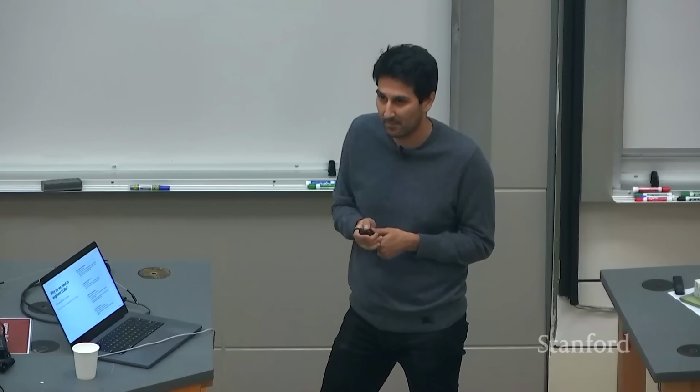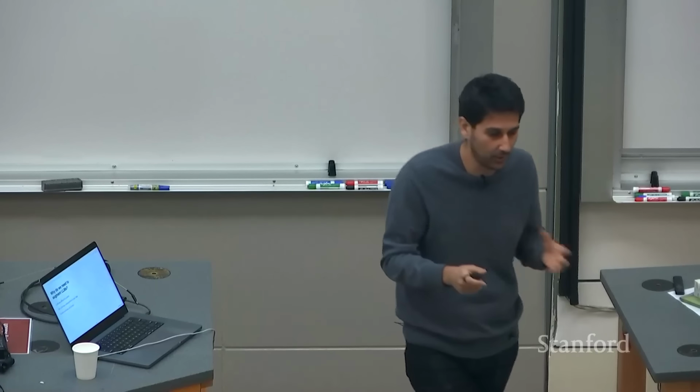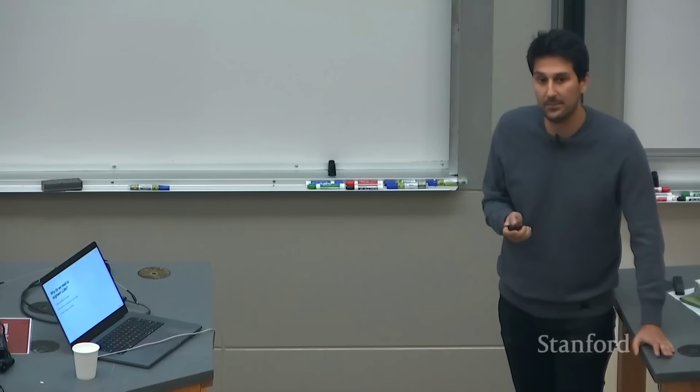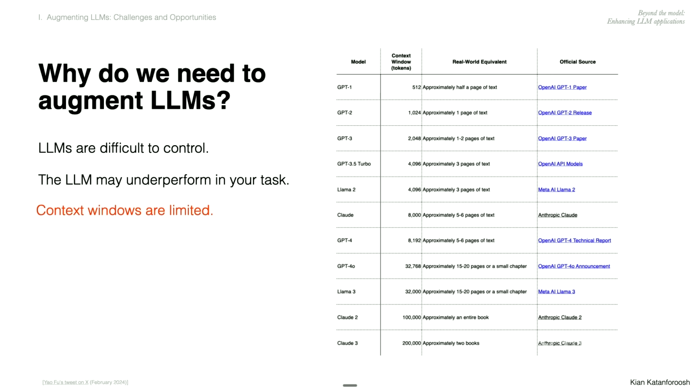Does that make sense? The other aspect around context windows is that they are in fact limited. If you look at the context windows of the models from the last 5 years, even the best models today range, in number of tokens they can take as input, somewhere in the hundreds of thousands of tokens max.